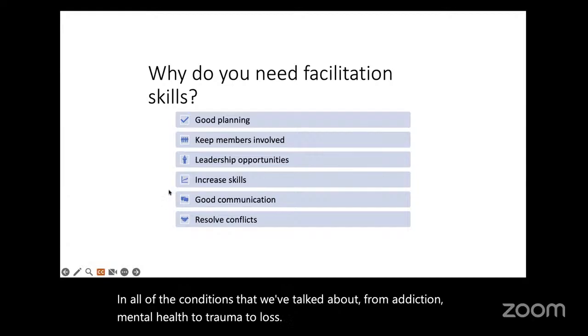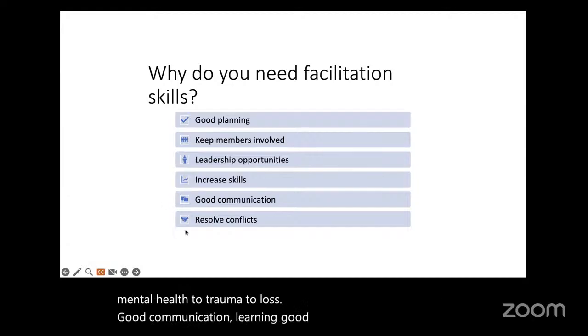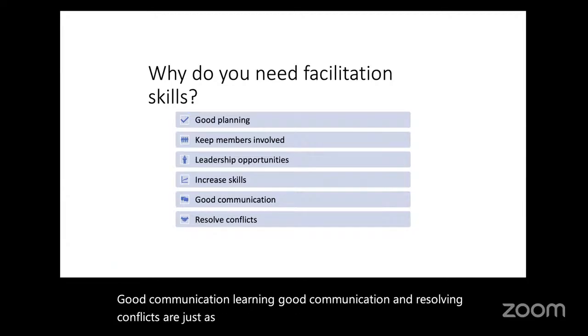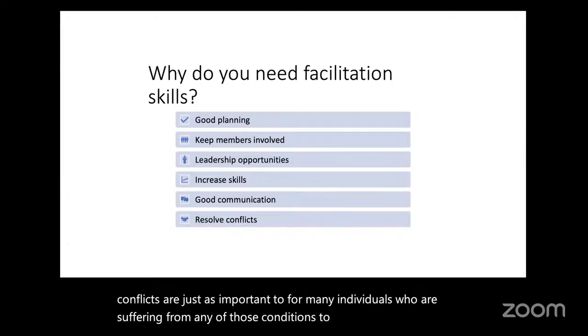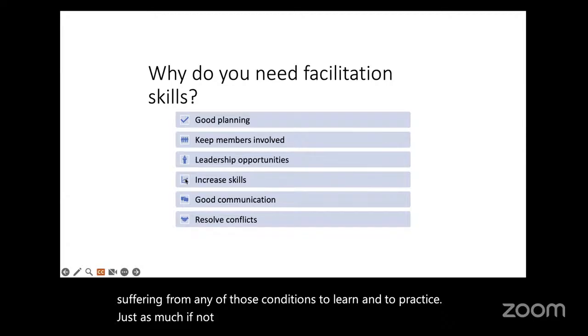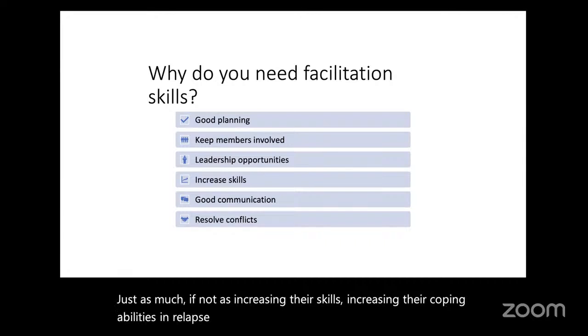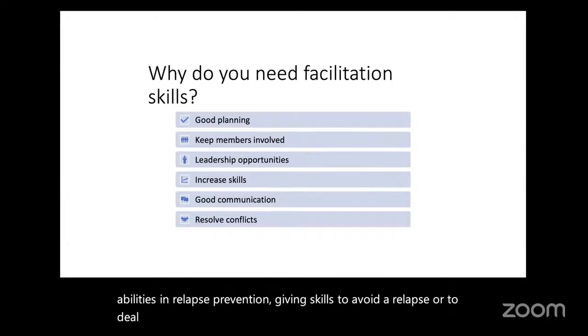Learning good communication and resolving conflicts are just as important for many individuals who are suffering from any of those conditions to learn and to practice, just as much, if not as much as increasing their skills, increasing their coping abilities in relapse prevention, giving skills to avoid a relapse or to deal with cravings.